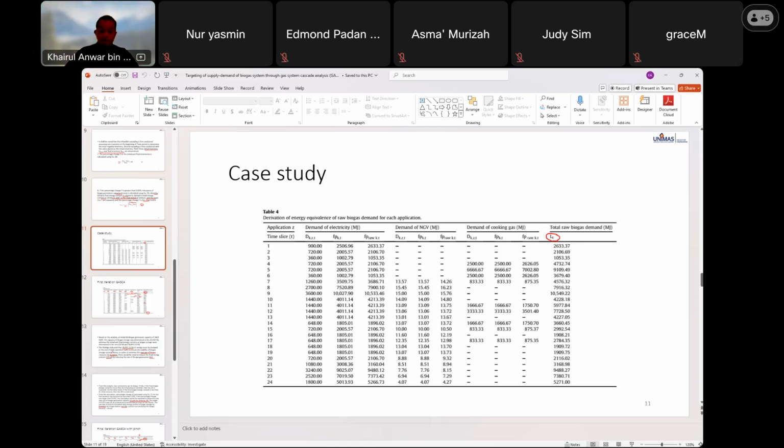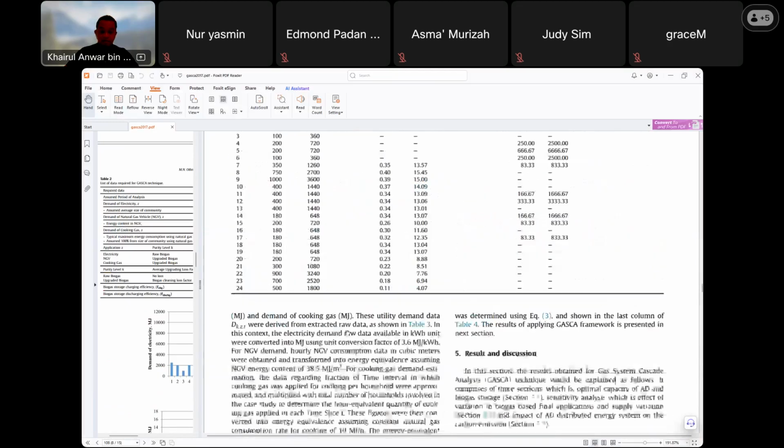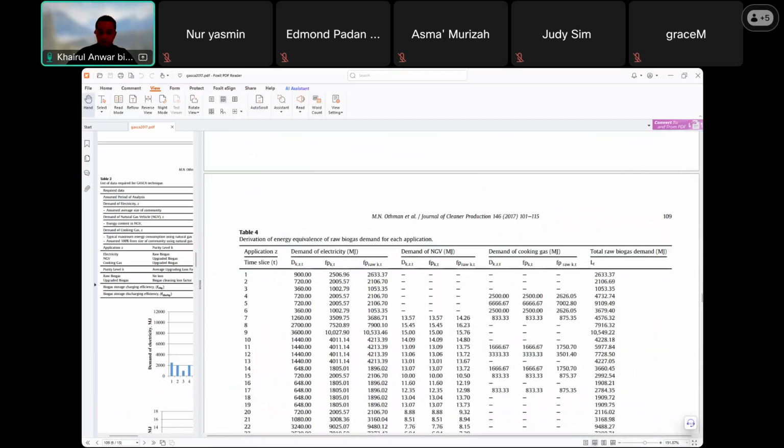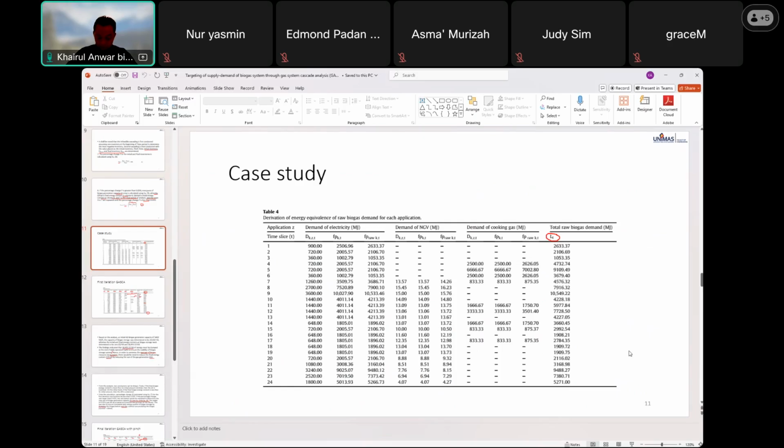For table 3, the values are the unit conversion, energy content, and normal energy consumption. So let's see it.